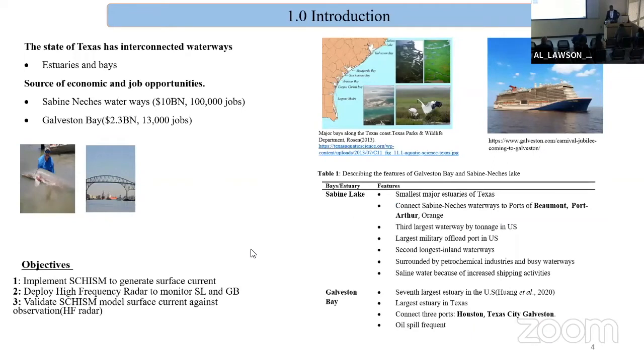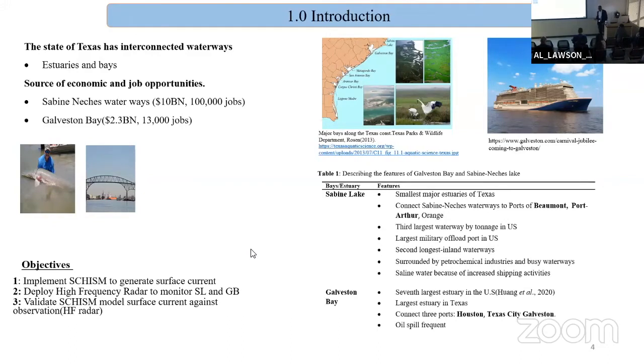So as I mentioned, we have two important estuaries of Texas on which this project is based. Why do we choose these two particular study areas? Apart from the fact that they provide recreational activity, they provide a source of economic return to the state of Texas, providing jobs as well as a source of farming activities.